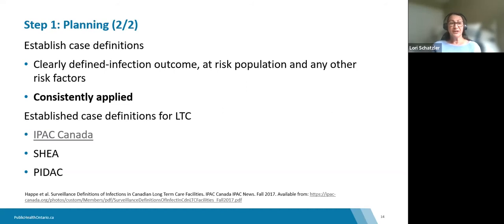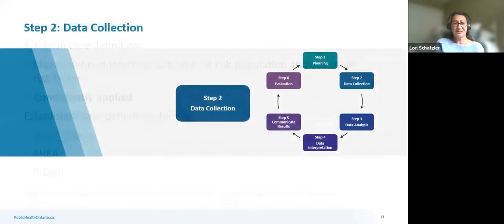The Society for Healthcare Epidemiology of America also has case definitions, and the Provincial Infectious Diseases Advisory Committee through Public Health Ontario as well. Their best practice document, Surveillance of Healthcare Associated Infections in Patient and Resident Populations, I believe that's Appendix D. We've provided some links at the bottom here, but we certainly have some resources at the end of this presentation for you.